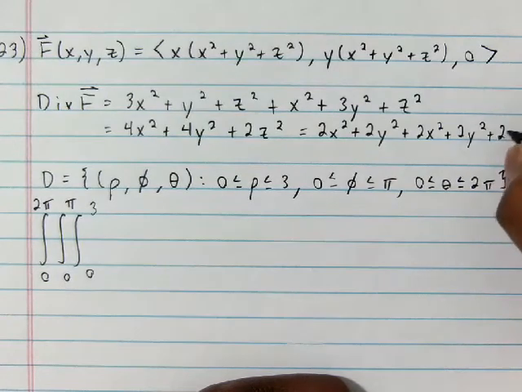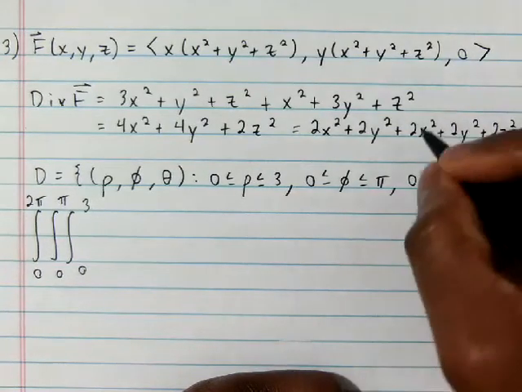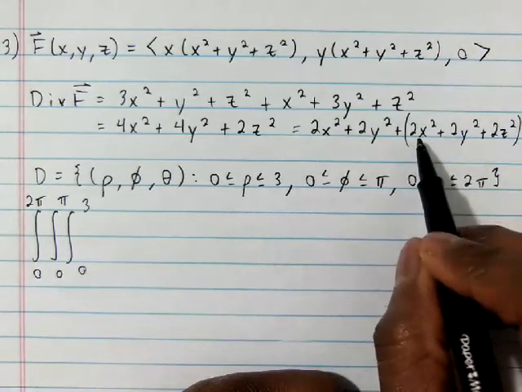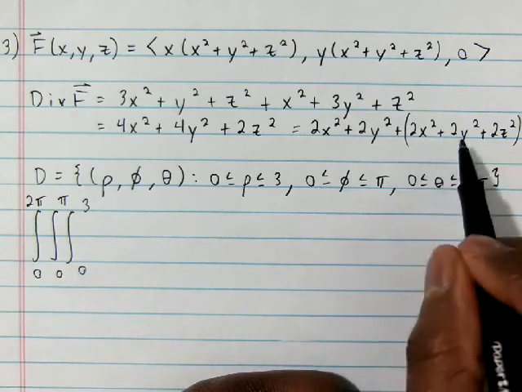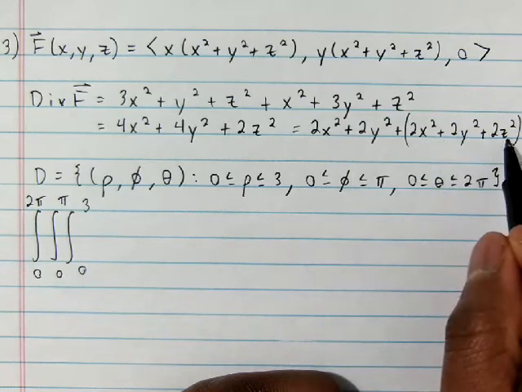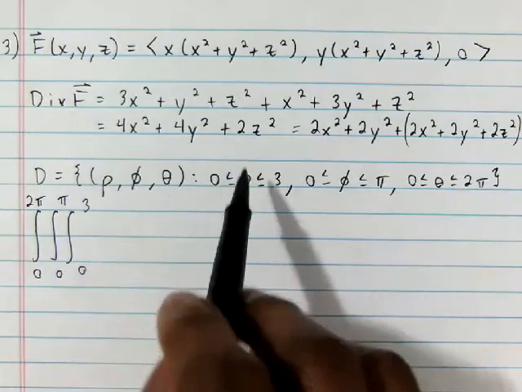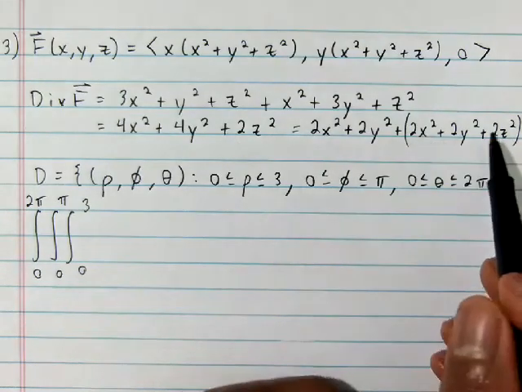This is going to save us some simplification in our integrand, because this part right here, 2x squared plus 2y squared plus 2z squared, is just 2 times rho squared. Remember, x squared plus y squared plus z squared in spherical coordinates is rho squared. So that saves us from having to plug in and do a bunch of simplification in the integrand. We can do it a lot faster now.